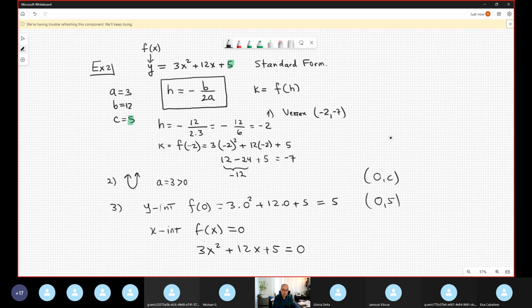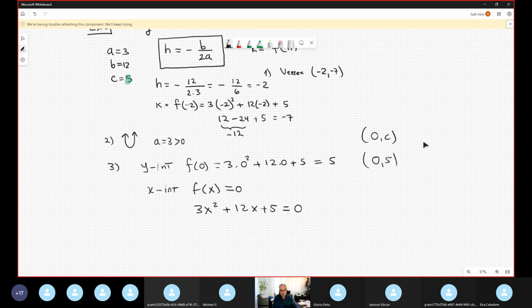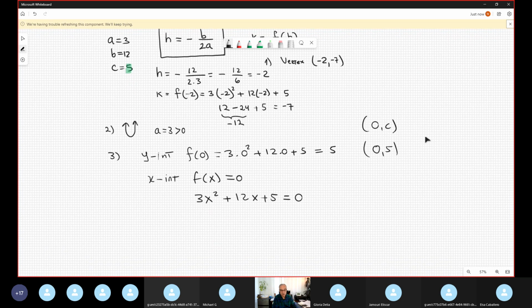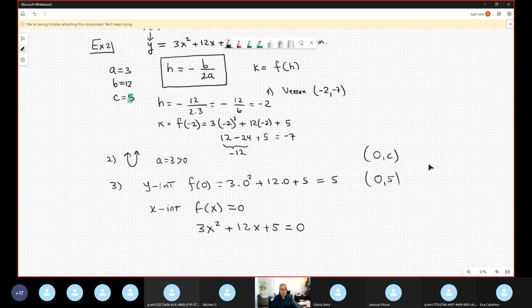You divide by 3? No, not necessarily. You solve it by quadratic formula, yes or no? Actually, I determine a, b, c. I'm plugging into the quadratic formula. There is a super efficient and fast way to do that.